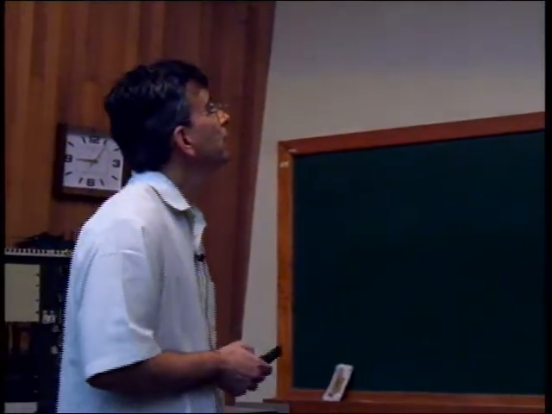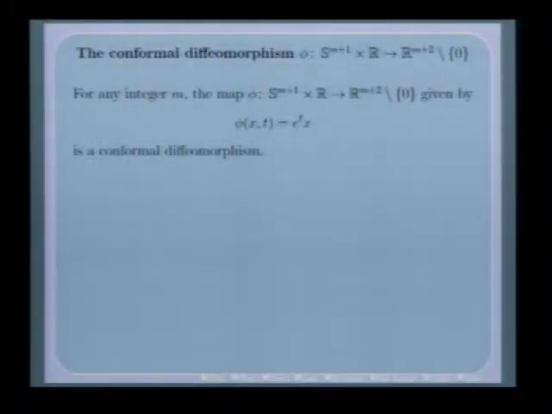Well, a basic fact related to our problem is the existence of this conformal diffeomorphism between, say, S^{m+1} cross R and Euclidean space with the origin removed. It's given explicitly by this formula.